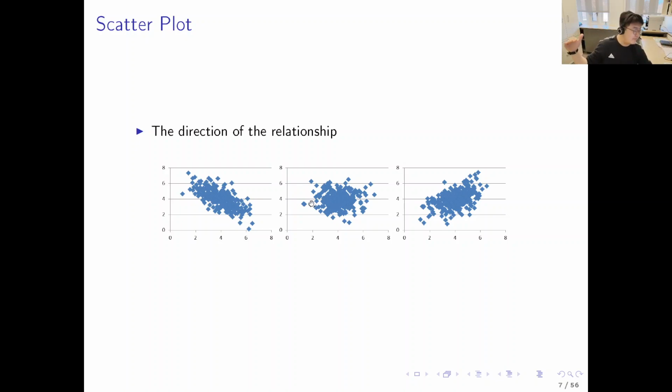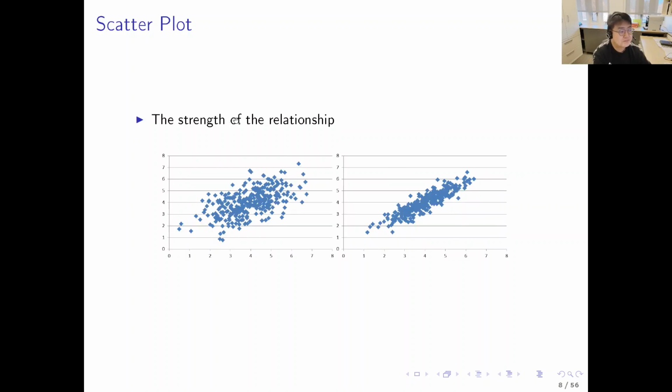And in a positive direction relationship, you will see an increasing trend line. So when I say the direction of the relationship, it's about whether the slope of the straight trend line goes down or goes up. That's what I mean by the direction.